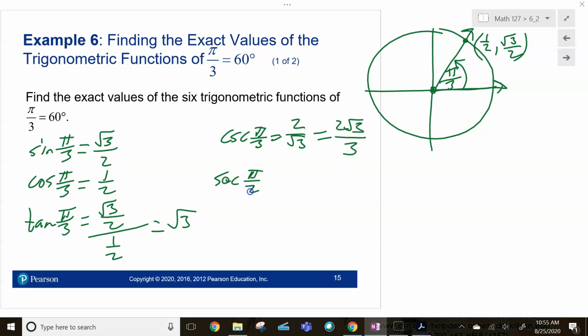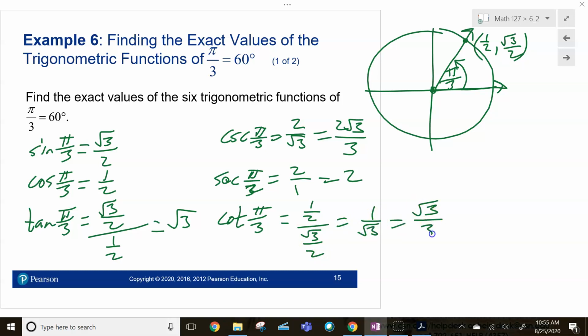Secant pi thirds, instead of 1/2, it's 1 over 1/2, so 2 over 1 or 2. Cotangent pi thirds is cosine over sine. So I've got 1 over root 3 or root 3 over 3 on that.